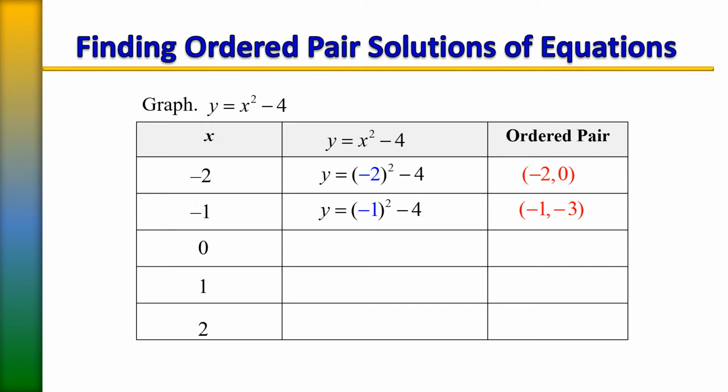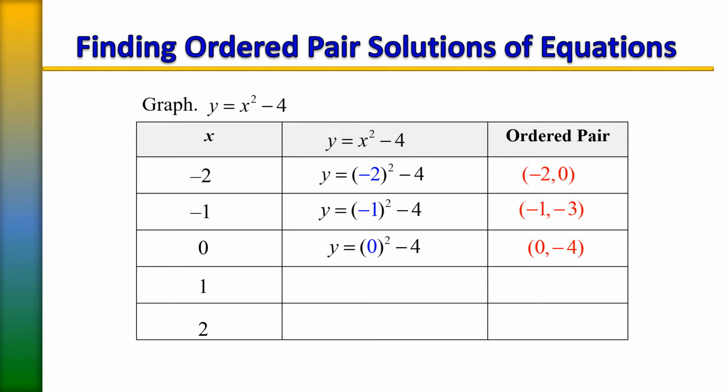Next, we want to plug in a 0 for x. When we plug in a 0 for x, 0 squared equals 0, and 0 minus 4 will still be -4. So when you plug in a 0 for x, what you get out for y is a -4.